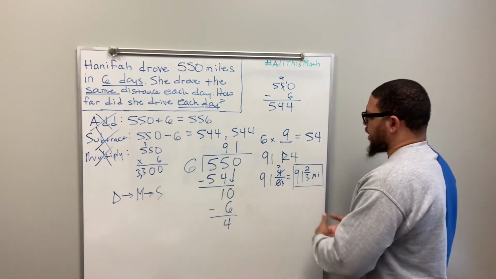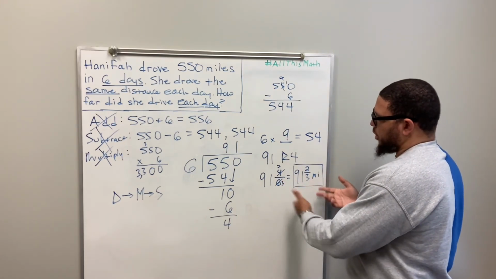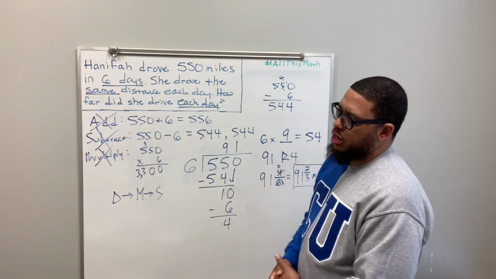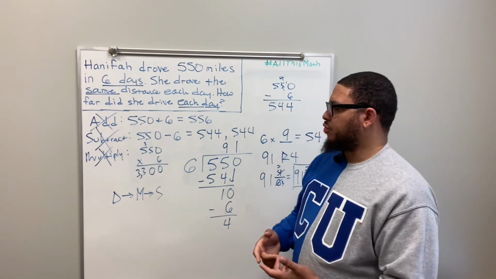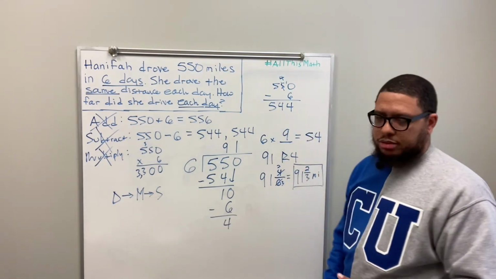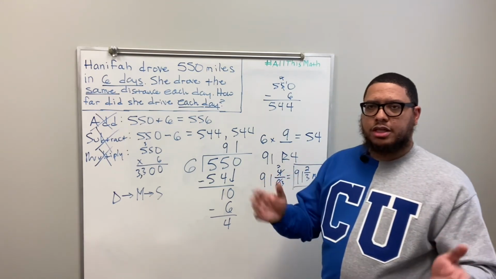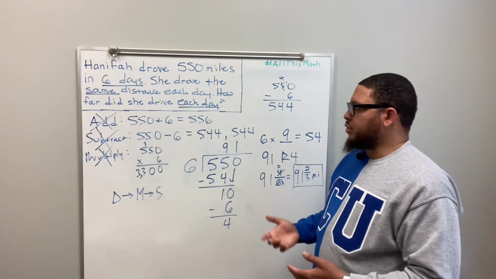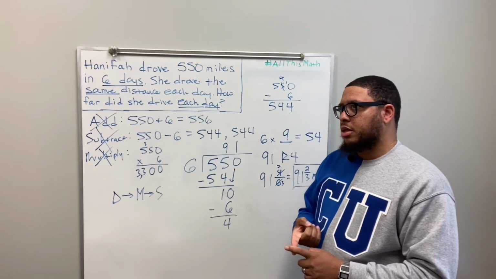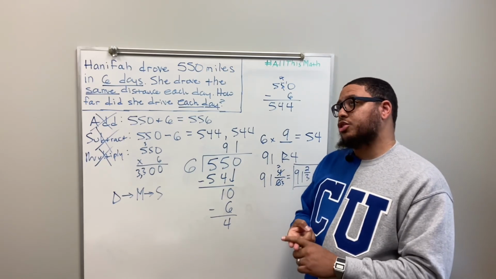Now, it makes sense to say that she drove 91 2/3 miles each day. Because if she drove 550 miles altogether, let's say you don't even think about the 2/3 part. Let's say you just drop that off. And you don't even think about 91. Let's say you just think about 90. You say, okay, well, she drove 90 miles on Monday. Then she drove 90 miles on Tuesday. That's 180 miles.